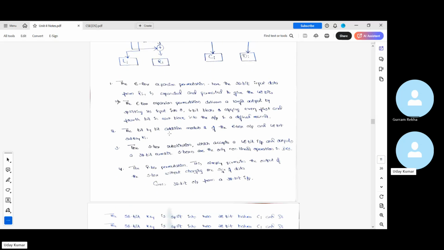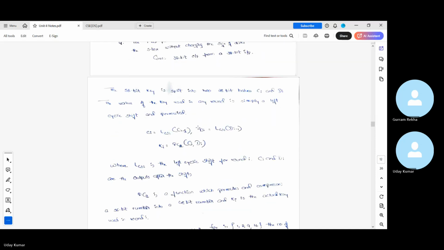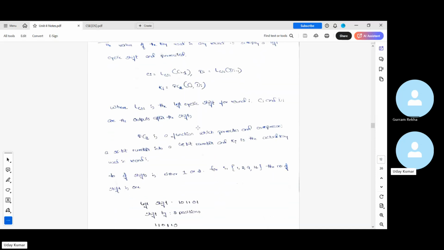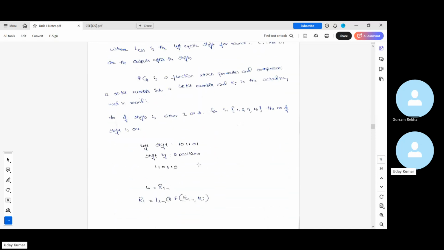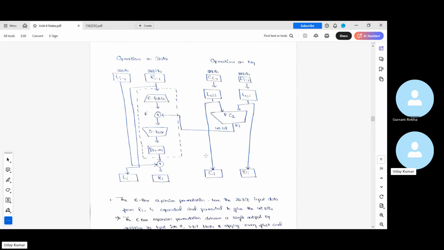Okay, so this is what I have explained here. Once you understand the diagram, that is enough, students. So here I have explained the left shift by two positions. Here Ci is left circular shifted and Di is left circular shifted, and the key is Ci, Di through PC2. This diagram.